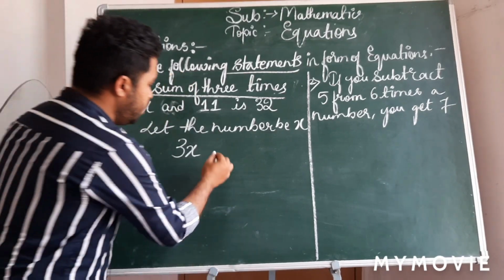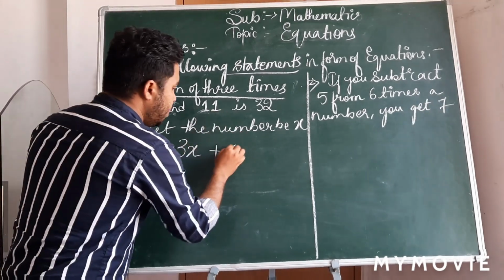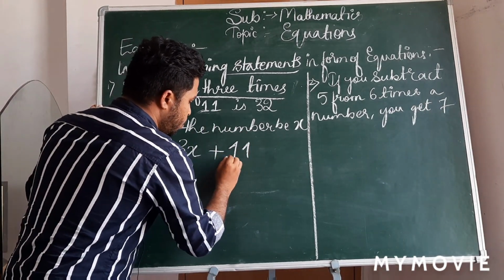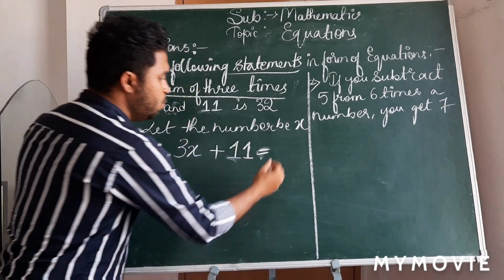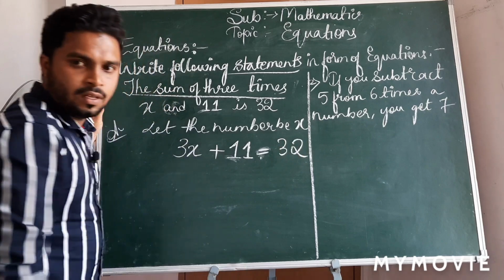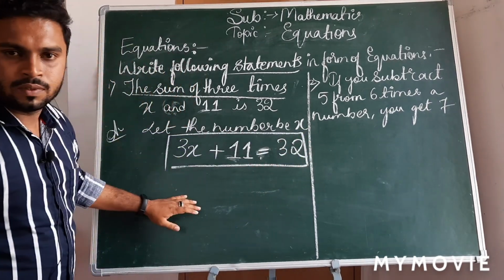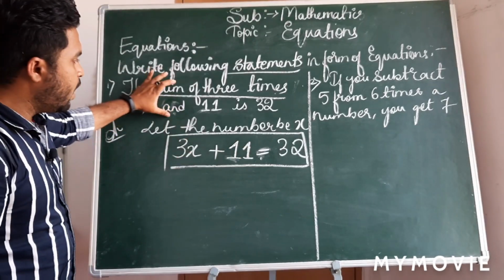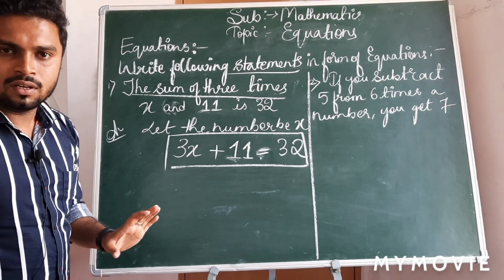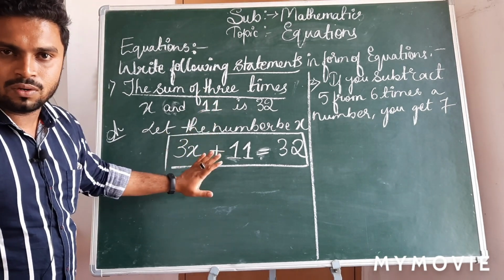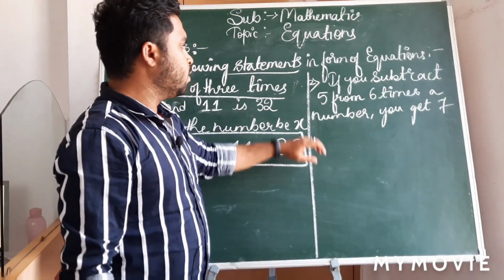The sum means plus, I have told you. Plus 11 is equal to 32. See, this is your equation. We have taken this statement and converted it into an equation. Okay, students?